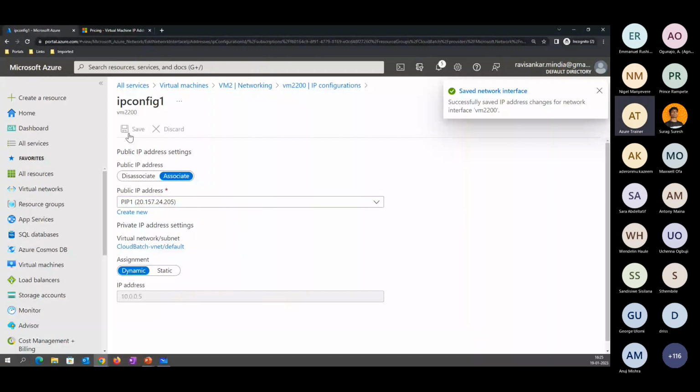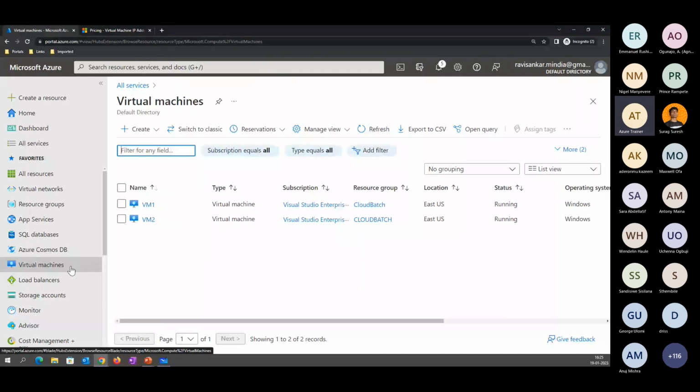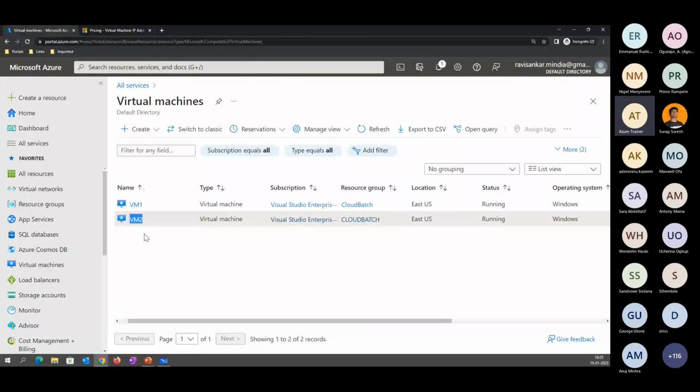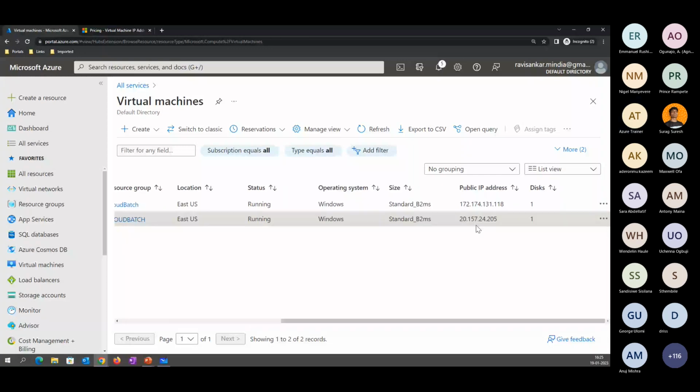Right now the network interface has been saved. Now if you go to virtual machine and refresh, you may see VM2 has been attached. You can see the IP address has been attached to this VM here.